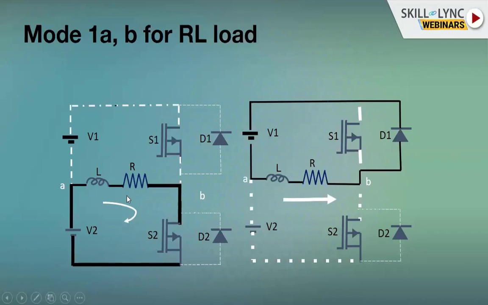This voltage will forward bias the diode D1. So there will be a path from the inductor. Now the inductor is the source which has more voltage than the source voltage V1. So this inductor would forward bias the diode D1 and dump its whole energy to the source V1.